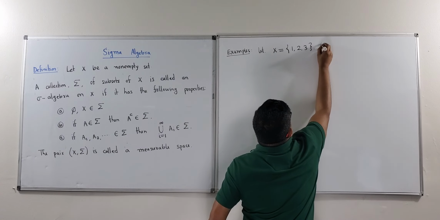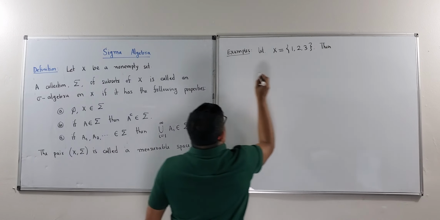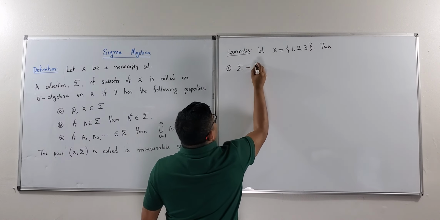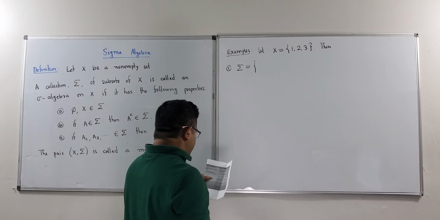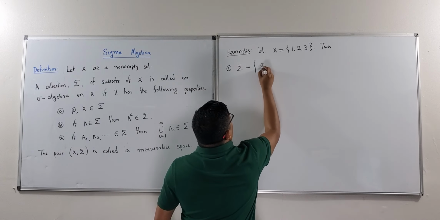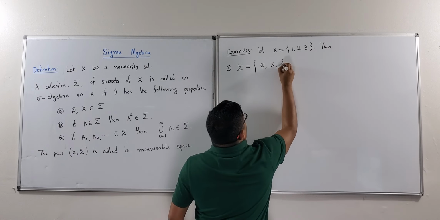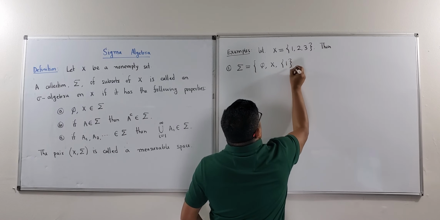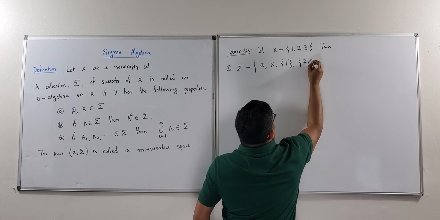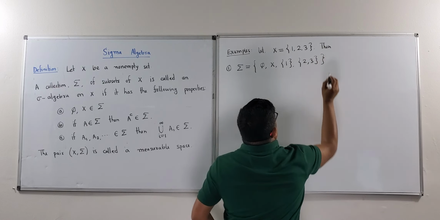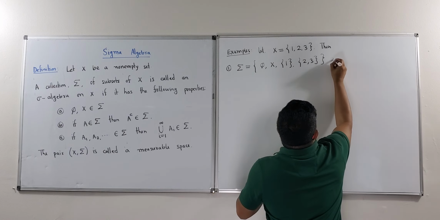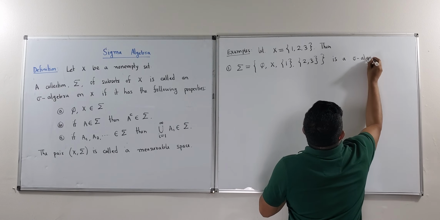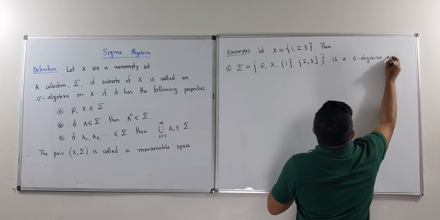First, sigma equals the collection: empty set, then X, then {1}, and then {2, 3}. Then this is a sigma algebra on X.